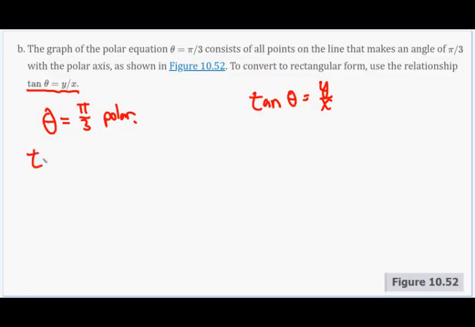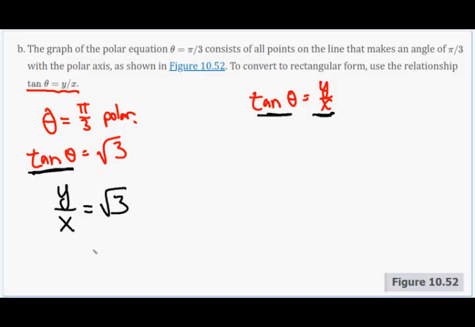And then I know the tan of theta, or the tan of pi over 3, I would just go to the unit circle and see that's equal to root 3. Well, now I'm going to take out this tan and replace it with y over x. So y over x is equal to the root of 3.